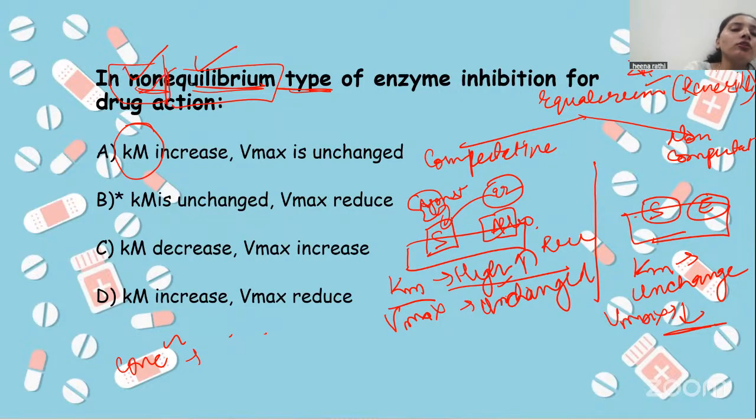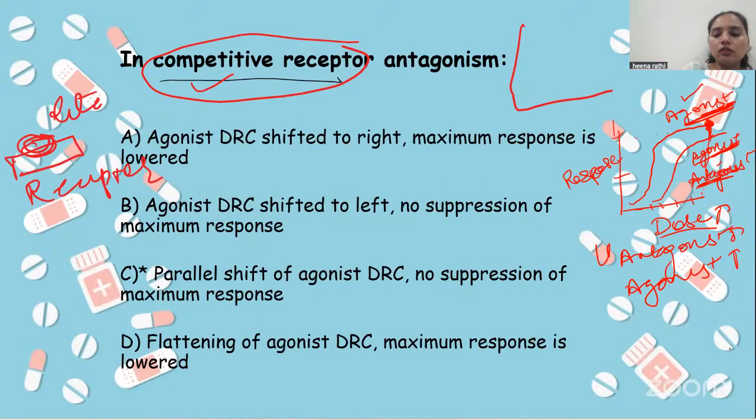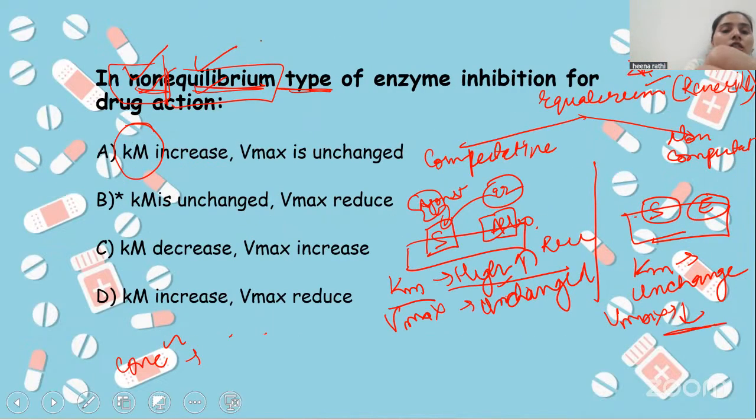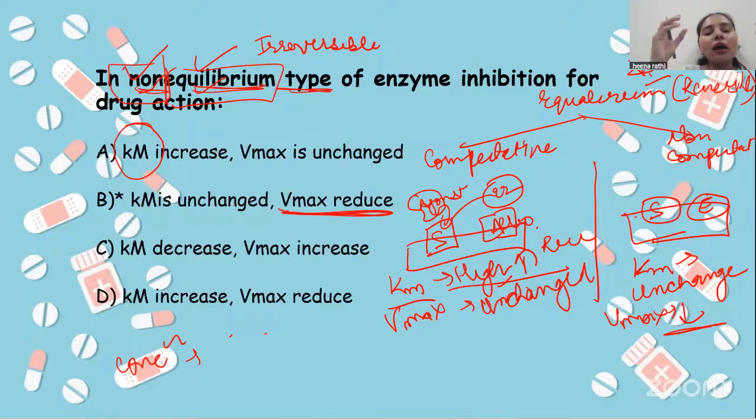We are talking about non-equilibrium in this question. Non-equilibrium means it is irreversible. When it is not going to reverse the reaction, in this case the Km, the affinity, will remain unchanged, and the Vmax, the maximum velocity, will be lower.